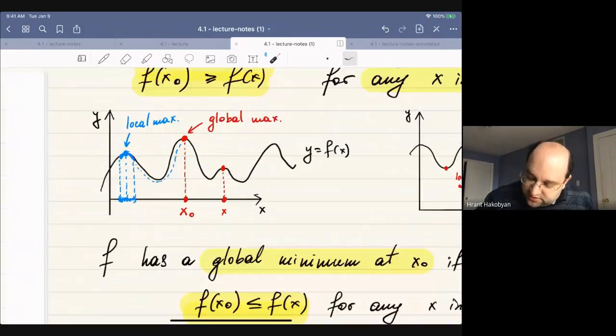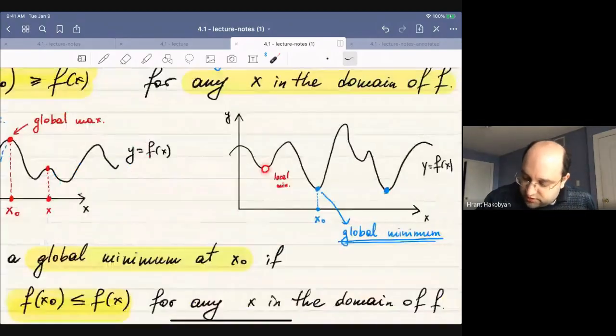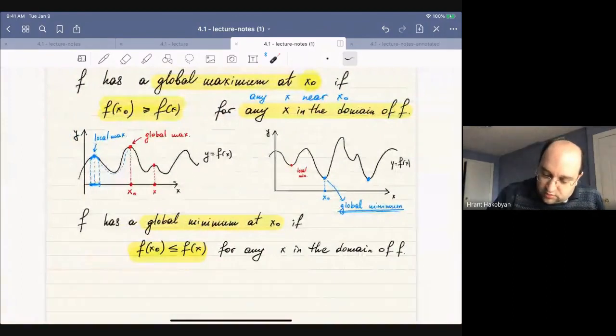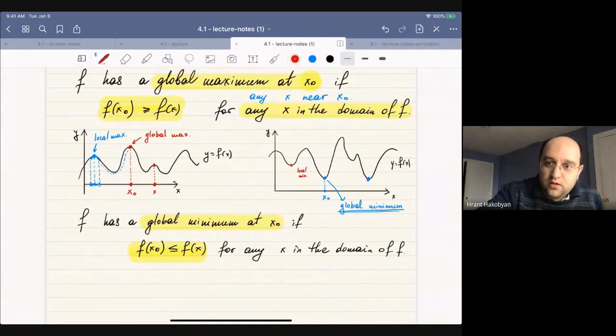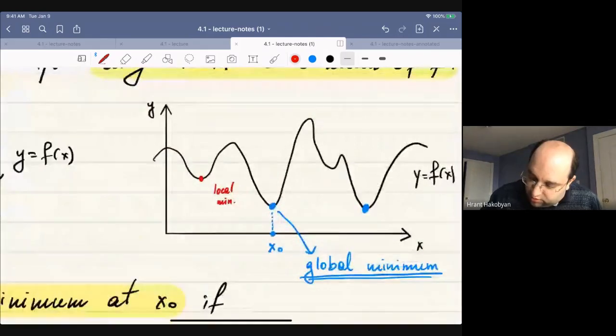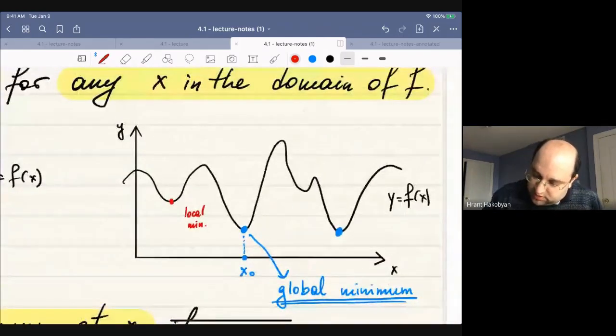But similarly here, at this point we have a local minimum, but it's not the global minimum because there is a minimum which is actually smaller than this one. Okay, so those are local minima. So on this graph, let me just draw all the possible local minima here.